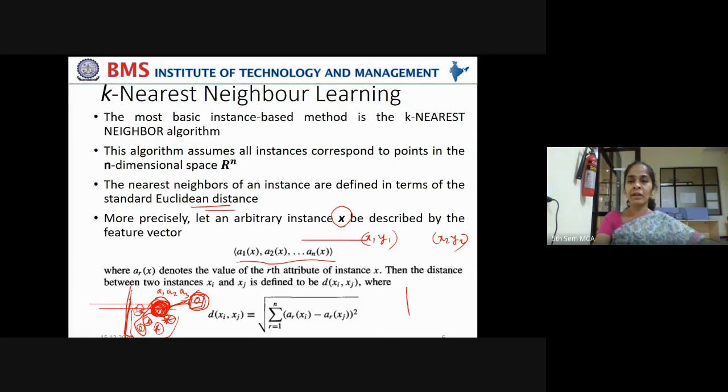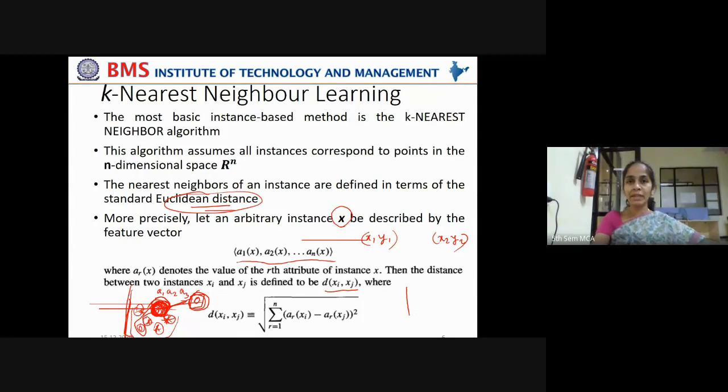We understood this. Then the distance between two instances xi and xj is defined to be d of xi and xj. How do you denote that? Distance between points xi and xj, d of xi and xj. Now how do you define this distance? According to Euclidean distance.